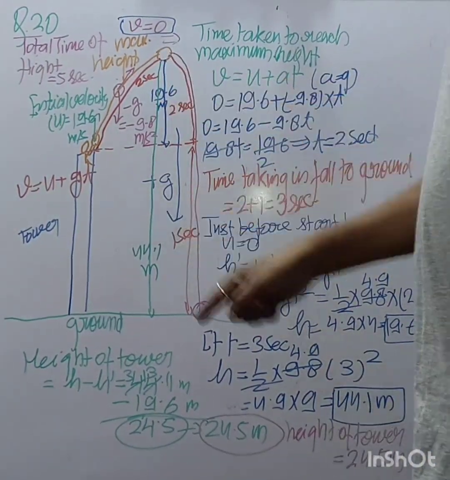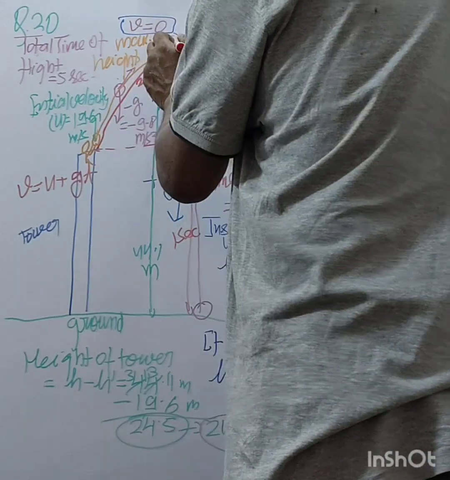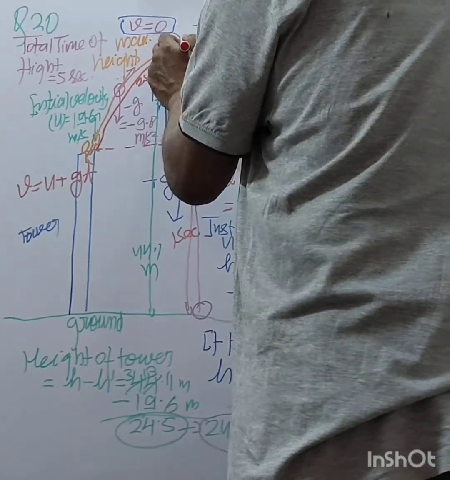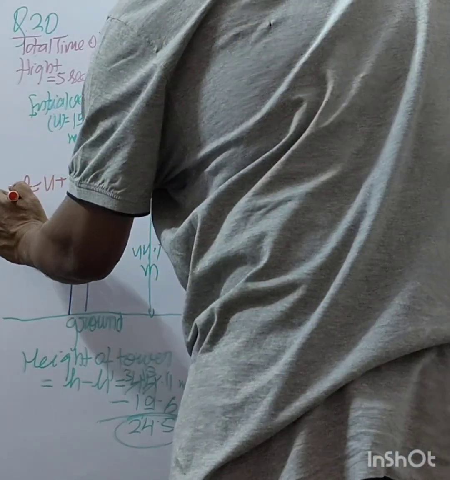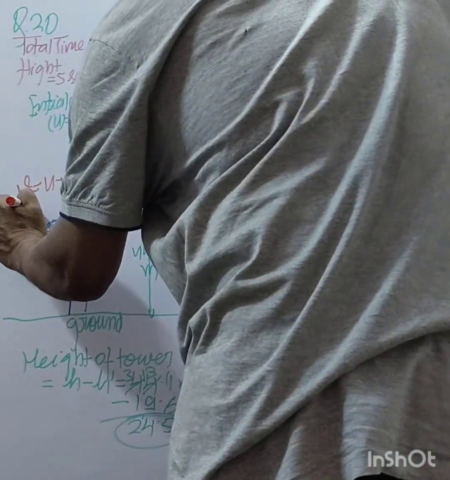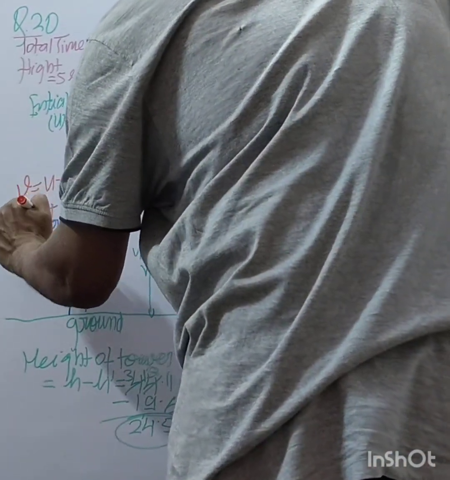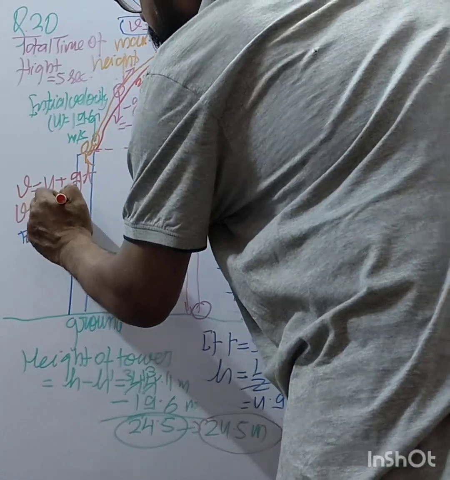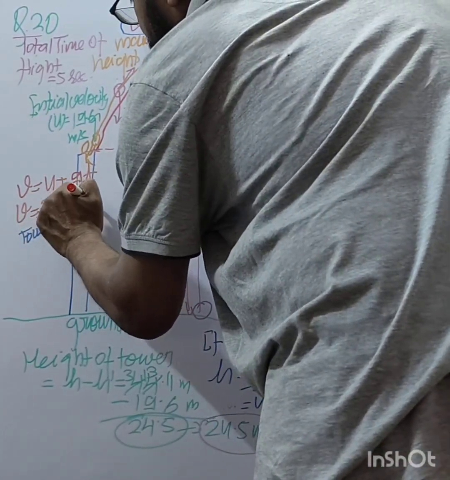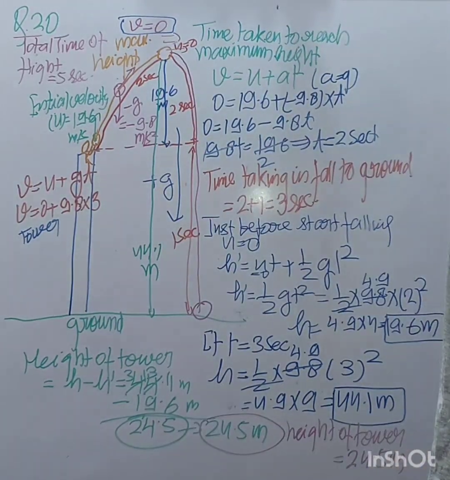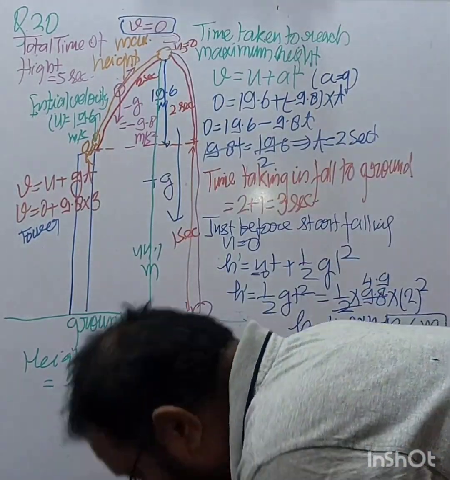The initial velocity is 0 here. u is equal to 0. So v is equal to 0 plus 9.8 into 3.